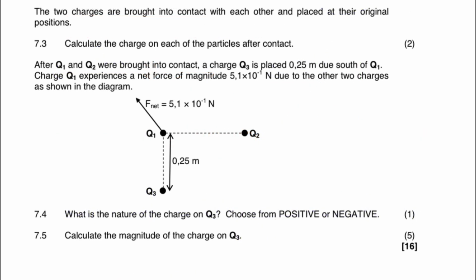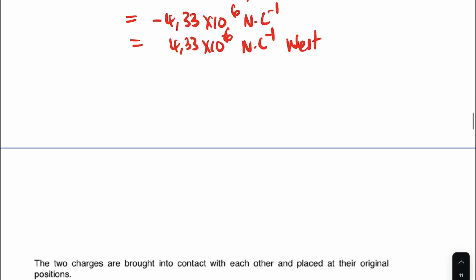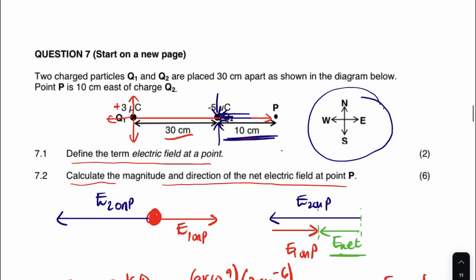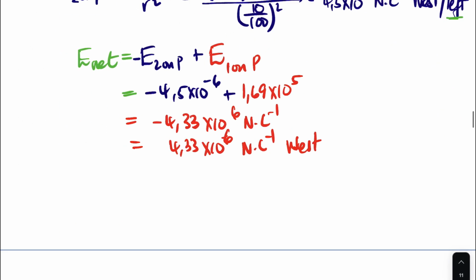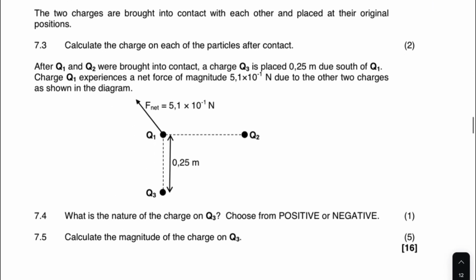Now it says two charges are brought into contact to each other and then placed at their original position. It's very important. Those two charges were separated by the distance of 30 centimeters. So after they transferred the charges to each other, they were brought back to the distance of what?